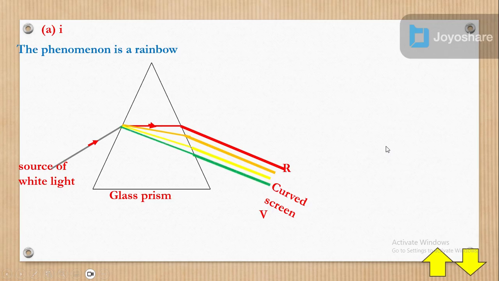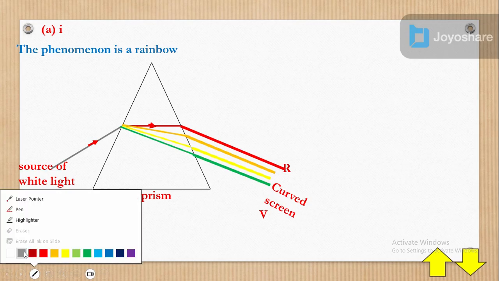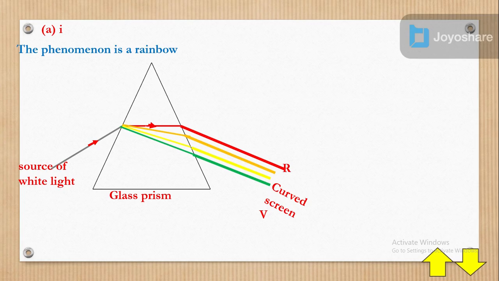So I think you can see the behavior of the light once it is incident. You realize that once this light comes in, the red comes. I try to at least bring out the colors such that you can easily understand; I put the respective colors there. From the ROYGBIV, you see this is red, this is orange, this is yellow, this is green, like that.